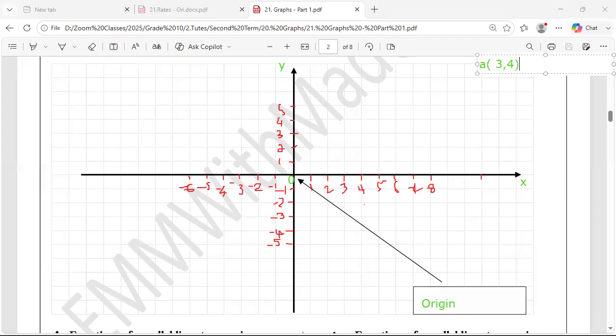So the x-axis coordinate is 3, where the y-axis coordinate is 4. X-axis coordinate 3, y-axis coordinate 4. Here. This is where you can find point A.